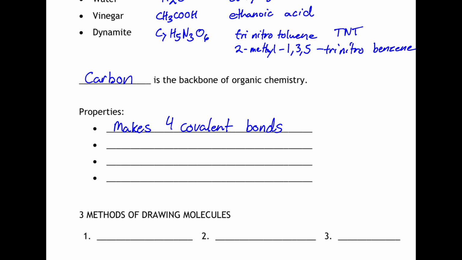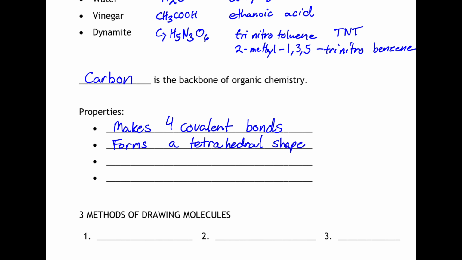Valence. Sometimes it's not very creative in chemistry class. It's really just the name, but in Latin. It forms this cool shape. It forms a tetrahedral shape. Four sides. Tetrahedral shape.